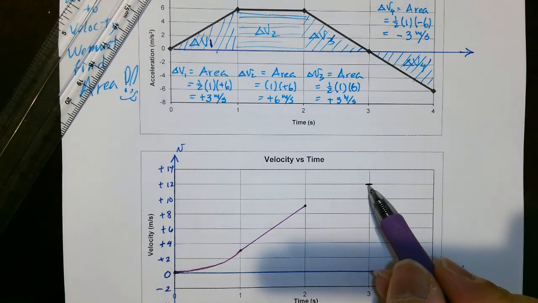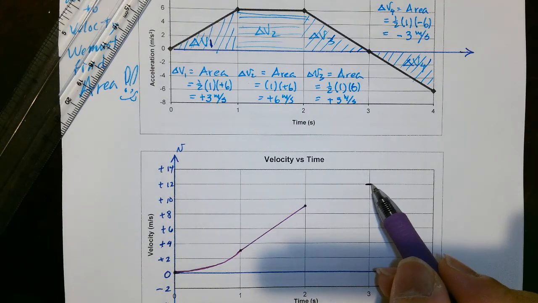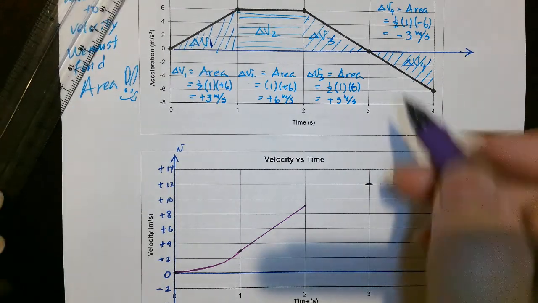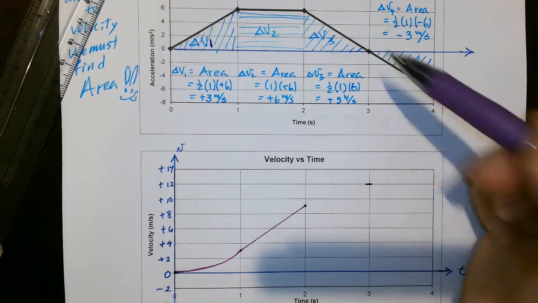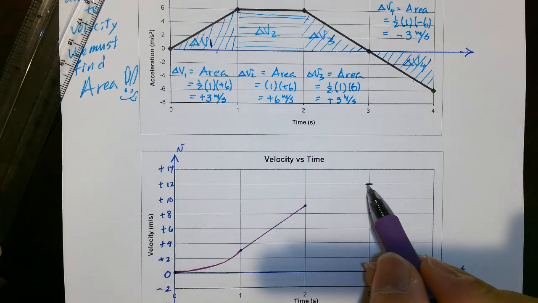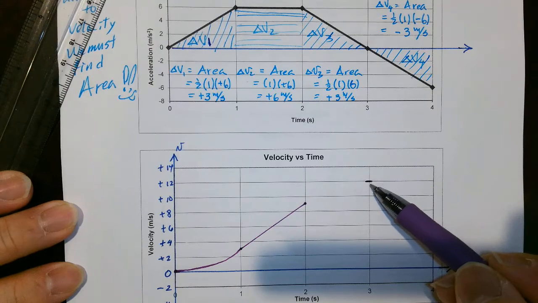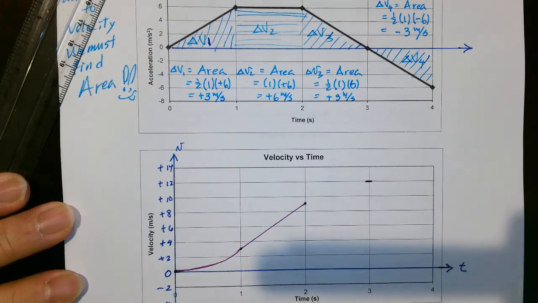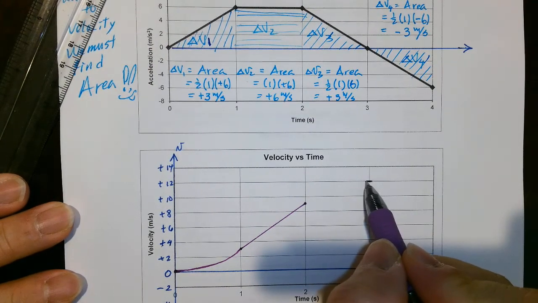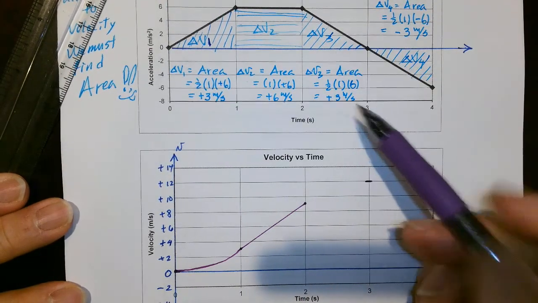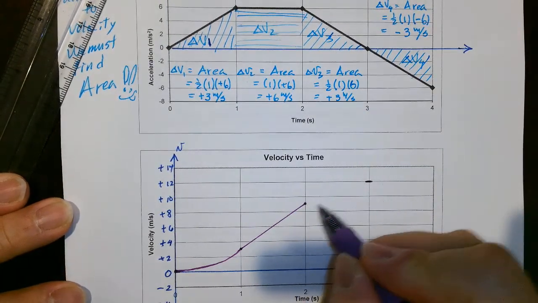So my velocity value should flatten out at 3 seconds. It should flatten out right here, right? So the slope value should be 0 at 3 seconds for my velocity value. So it flattens out here and it goes up 3, so it goes up to 12.